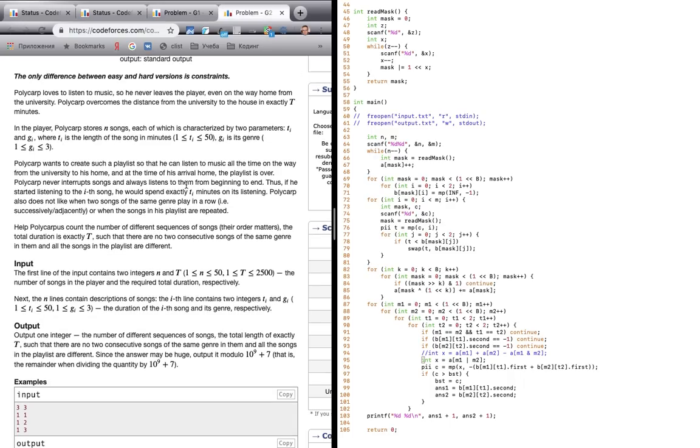Let's solve the harder one. So we still have only three genres, and now we have to come up with some polynomial solution, probably. So the lengths are up to 50, and the number of songs is also up to 50.